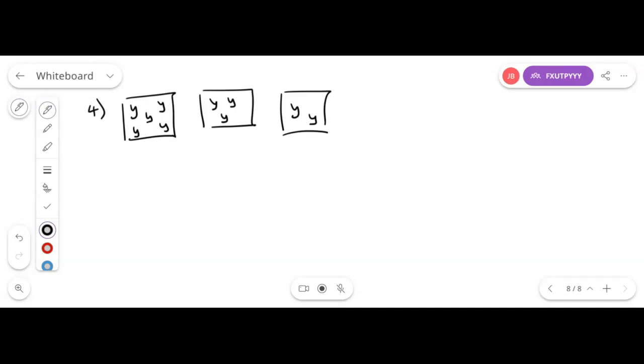Same question. I have a box that has 5 Y's in it. I have another box that has 3 Y's in it, and another box that has 2. I have to take the same number of Y's out of all 3 boxes. Good.